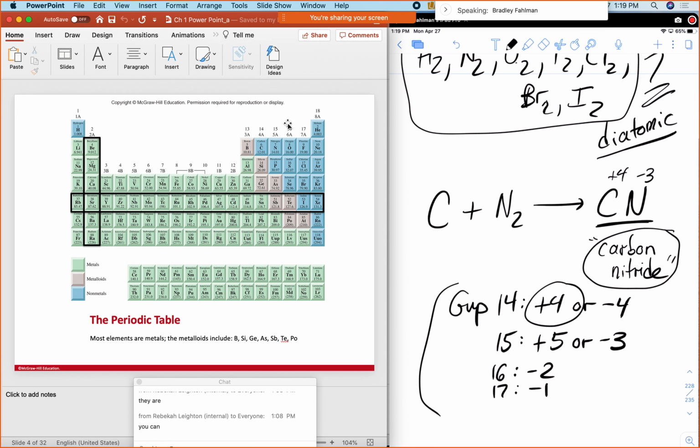Okay. So now what do you think? Those are their charges. How can you put those together so that everything is a zero charge?